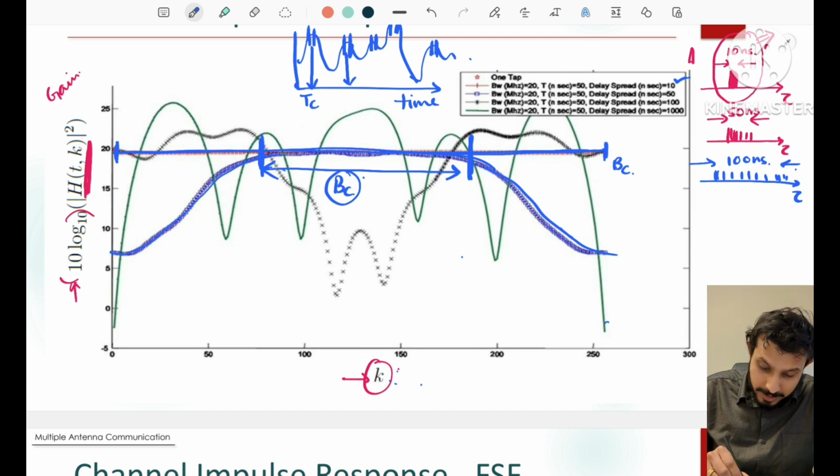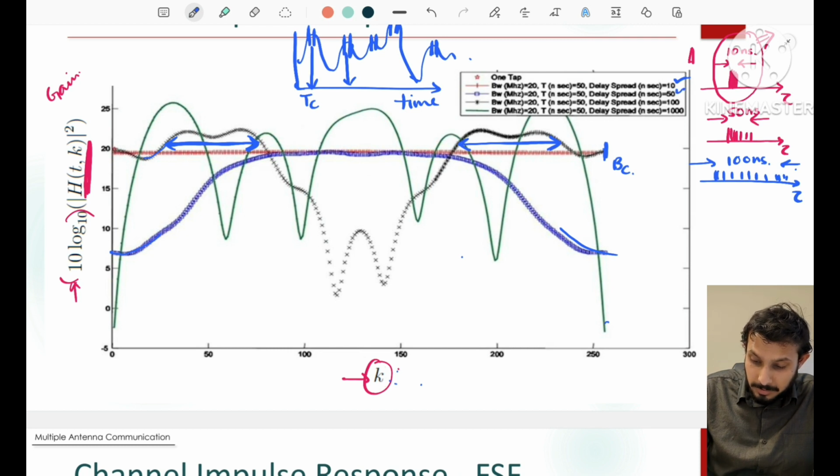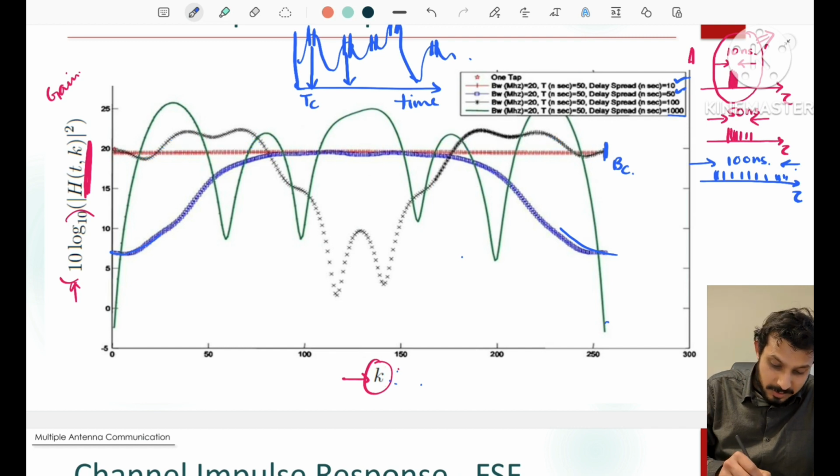Now if we further increase the delay spread, as in the black line, this is the frequency over which the signal is correlated to itself, and this has been reduced further compared to the delay spread of 50 nanoseconds. And now if we assume a delay spread of 1000 nanoseconds, this is the amount where the signal is highly correlated to itself.